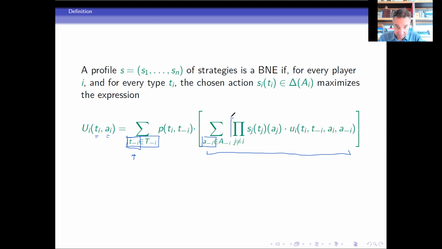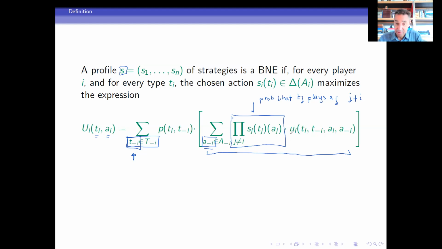And then this over here is the probability, given the profile s, that t_j plays a_j for all j other than yourself. So the probability that the other ones, given that these are their types, indeed play this particular action.